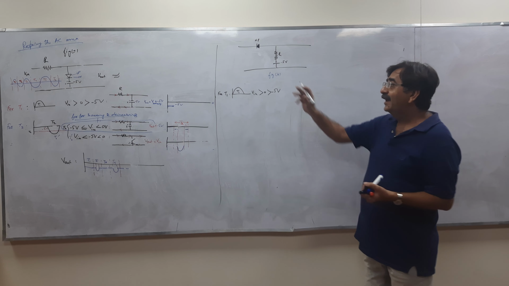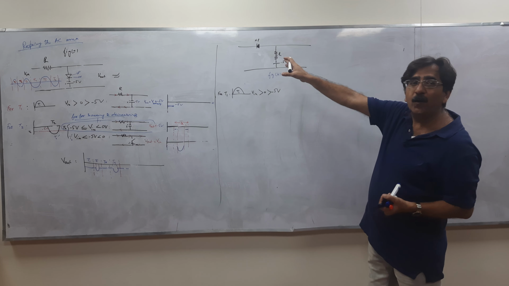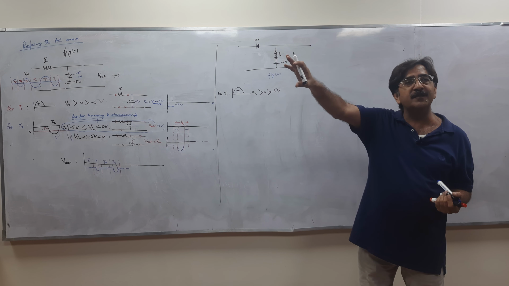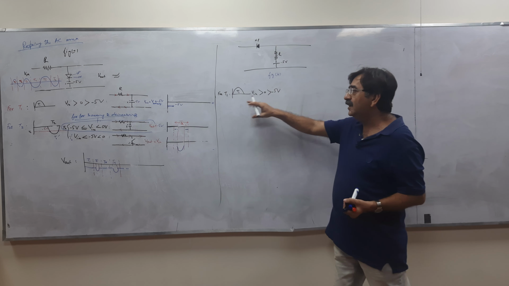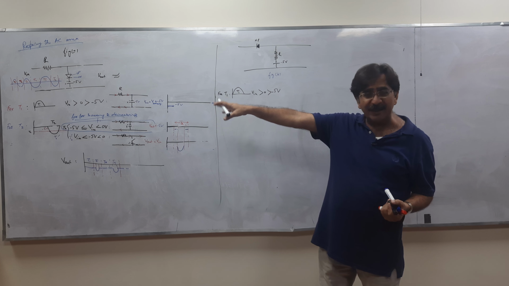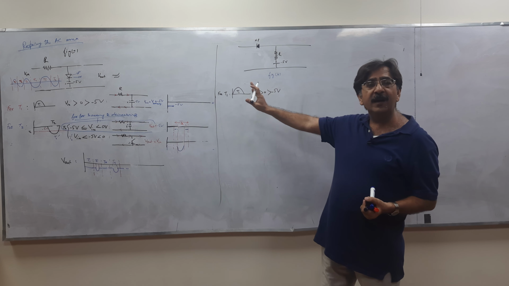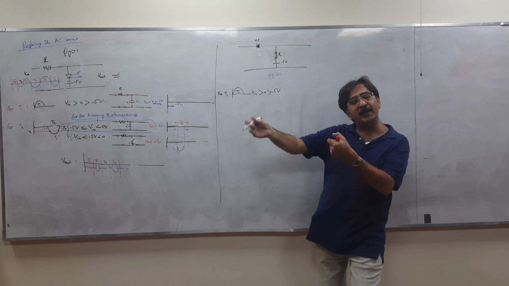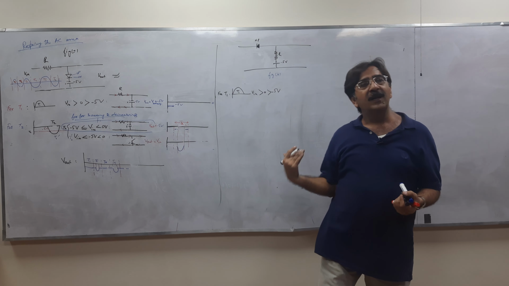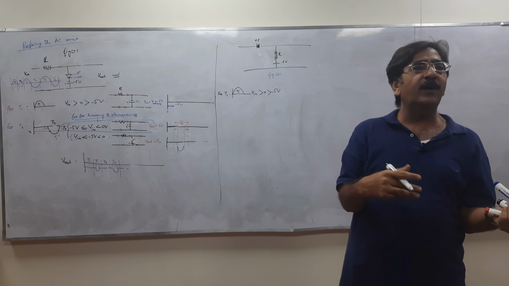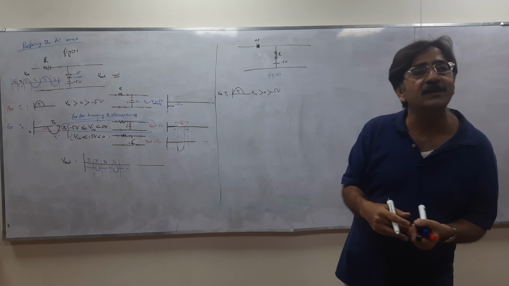Now the polarity of the diode is changed, so it becomes reversed. For the earlier case, the diode was forward biased and behaved like a short circuit, but here it will be treated as an open circuit because the polarity is changed. So things will be exactly reversed. Where it was closed, it will be open here; where it was open, it will be closed. Okay.